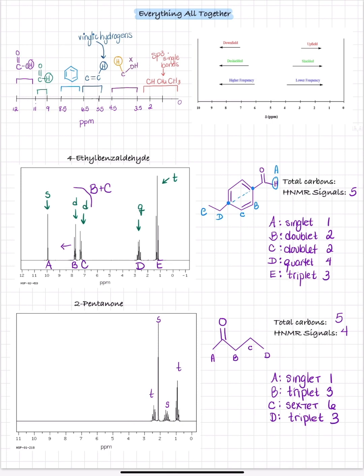A is a singlet. A is a CH3. I'm expecting the CH3 to be close to 0, but there's no singlet there. The singlet is all the way at number 2, which makes sense since A is directly next to the carbonyl. So I'm expecting this one to be A. Now, B is a triplet.